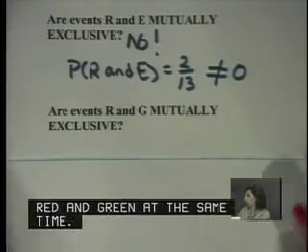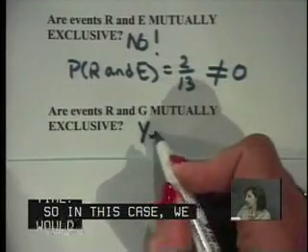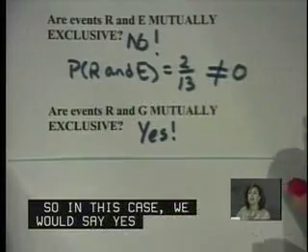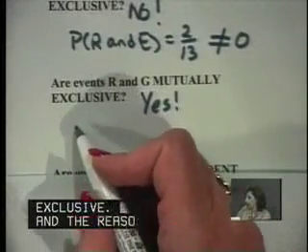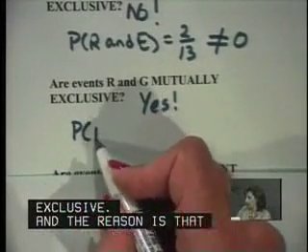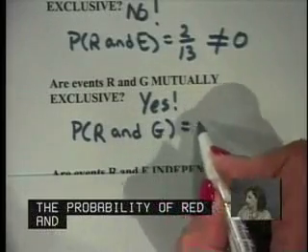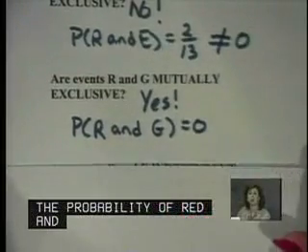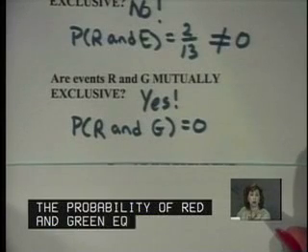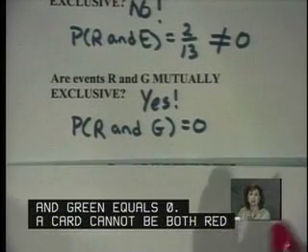So in this case, we would say yes. They are mutually exclusive. And the reason is that the probability of red and green equals 0. A card cannot be both red and green at the same time.